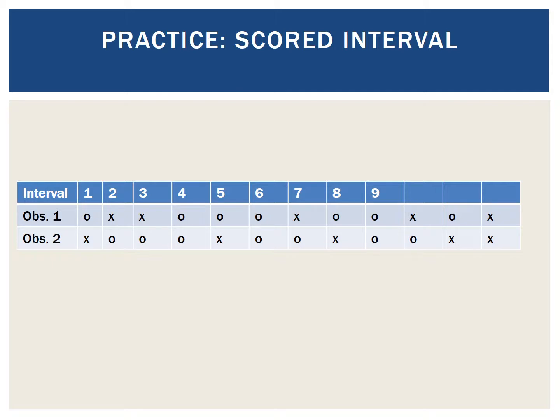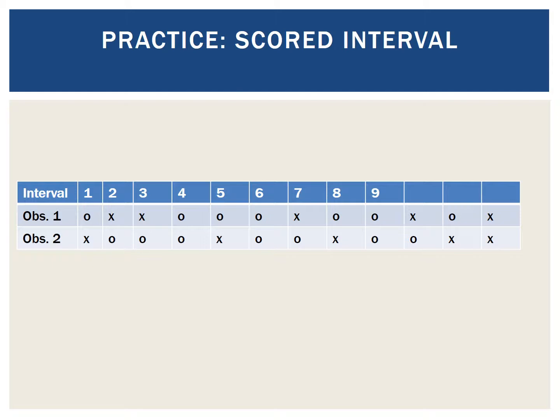So of these intervals, if you were only counting intervals where at least one of the observers recorded the occurrence, how many? Take a second and do this. Let's do this together. I get 9. Did you get the same thing?